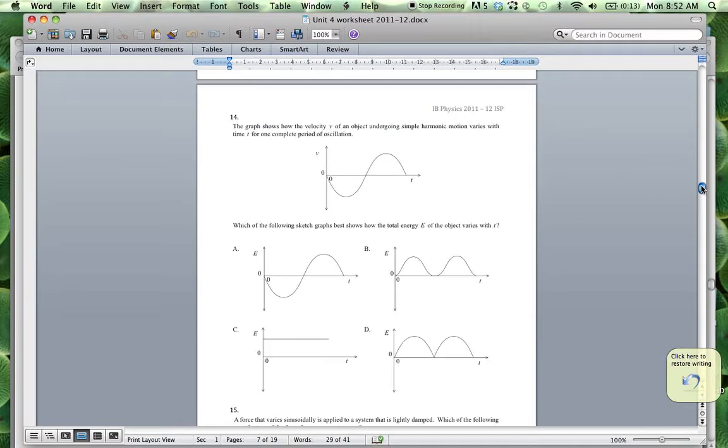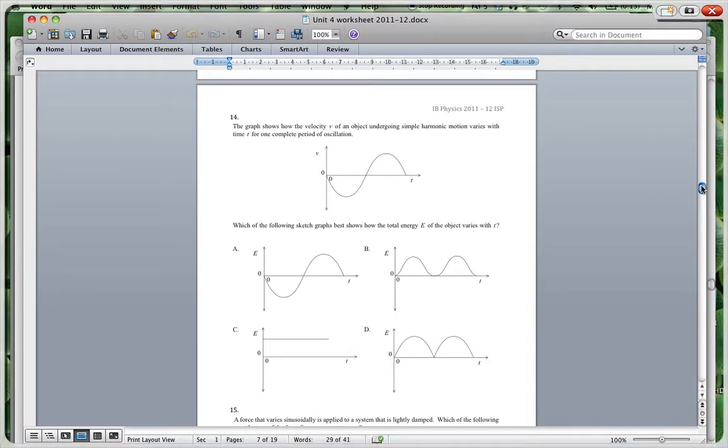All right, 14. It says a graph shows how the velocity v of an object undergoing simple harmonic motion varies with time for one complete period of oscillation. Which of the following sketch graphs best shows the total energy E of the object? Again, we get the situation that we talked about before.